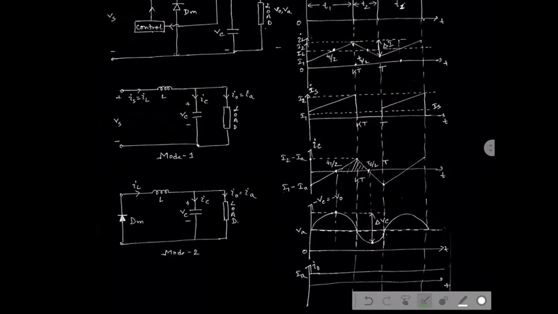Next, consider IC, which is a very important part. Now see, if we apply KCL at this particular node, IL can be split into two components. One flows through the capacitor and the other flows through the load. That means IL equals IC plus I0. That means IC equals IL minus I0, right?